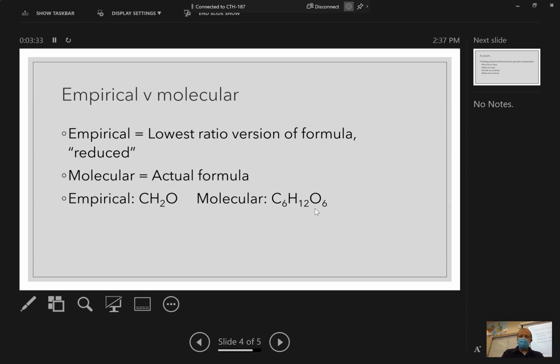And so there would be many compounds with that same empirical formula. So, CH2O, it could be C6H12O6, like you see there. It could be C100H200O100, or whatever else would be in that same ratio. So there are many compounds possibly that would have that same empirical formula.